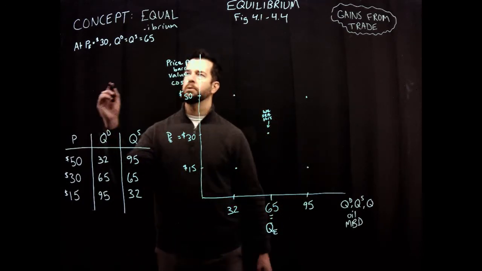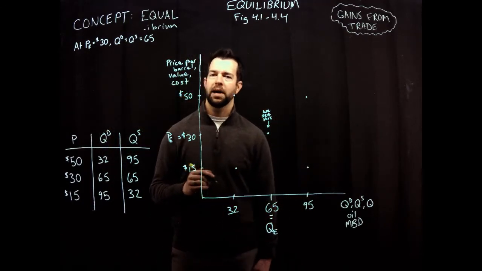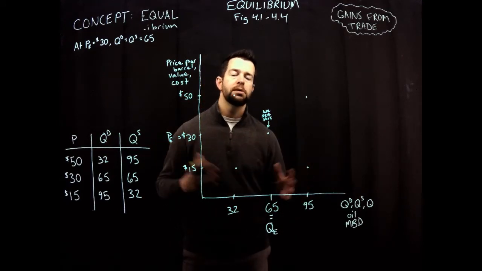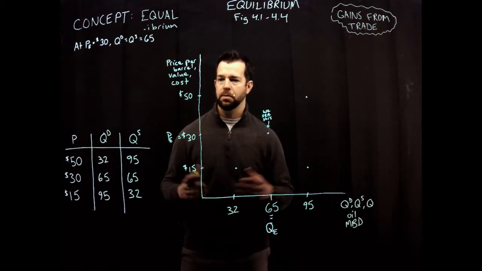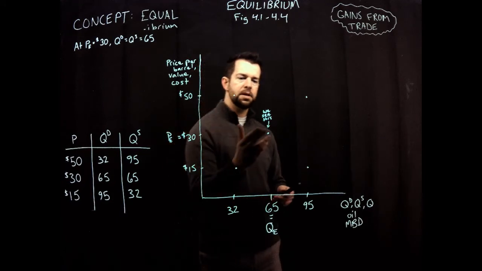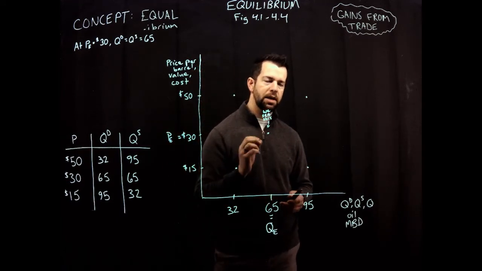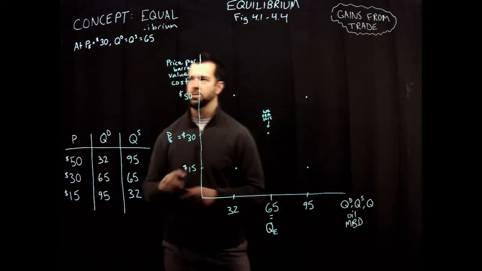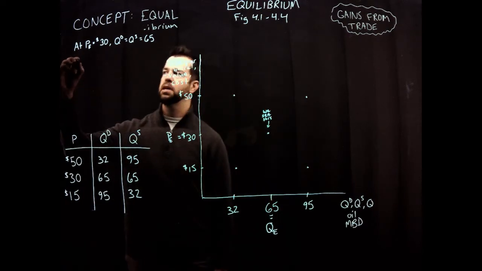All right, so that's one side of equilibrium, okay? That's like a horizontal interpretation of equilibrium, because we're looking at that price, and we're seeing that the quantity demanded equals the quantity supplied, okay? We'll get back to that in a second. We're just focusing on the concept.